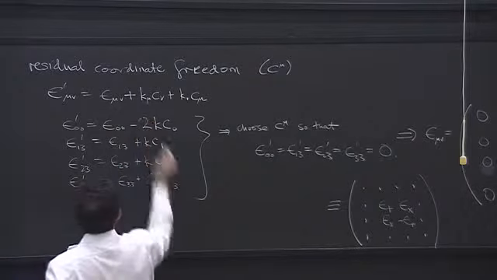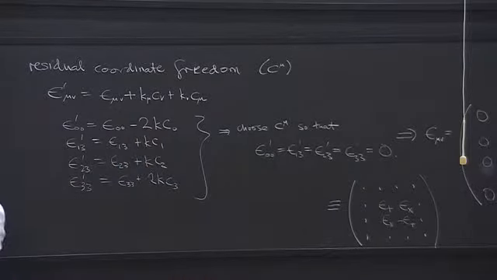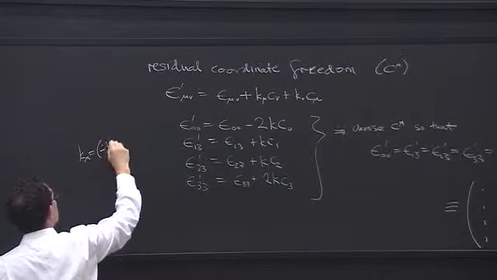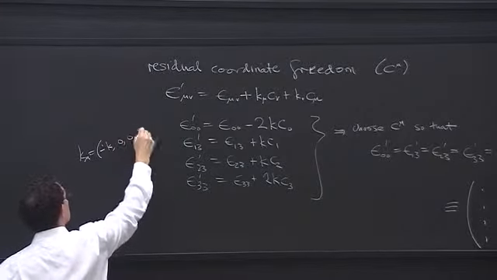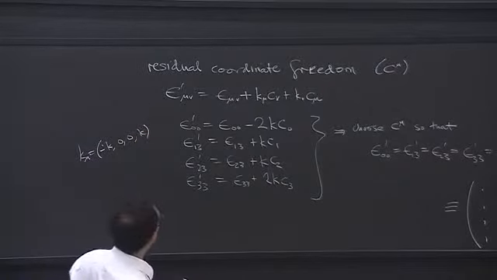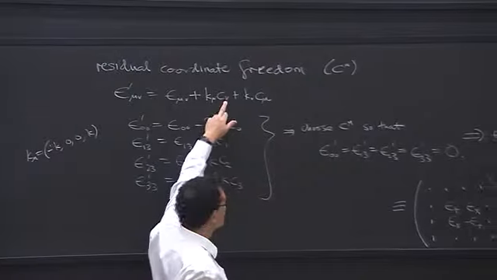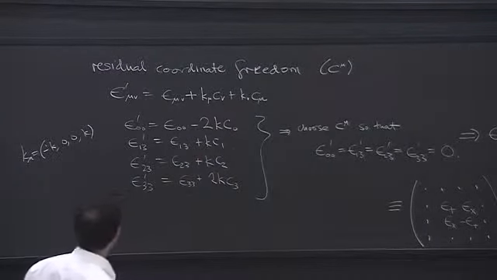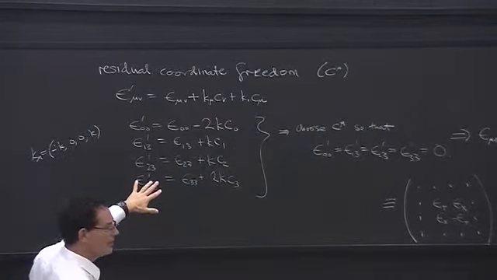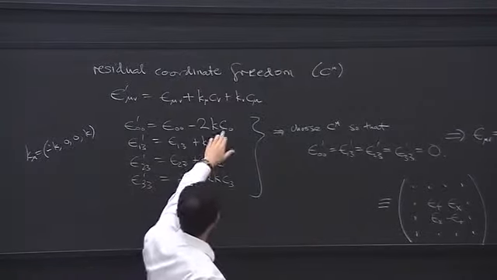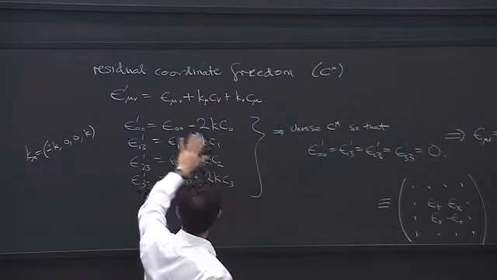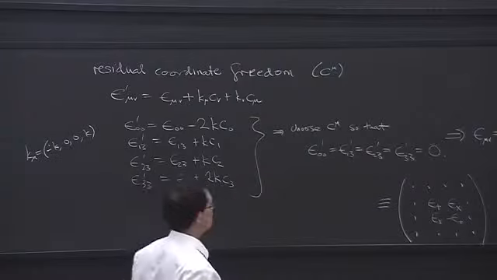And remember this k_mu is lowered index, so it's (minus k, 0, 0, k). I only chose 4 components because there are only 4 of these c's. There are lots of other components, but these are the interesting ones. These are enough to allow me to fix the c's by eliminating all of those.